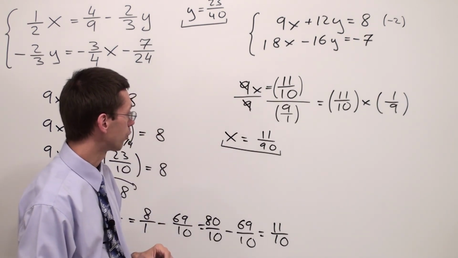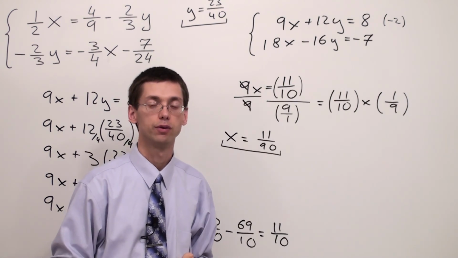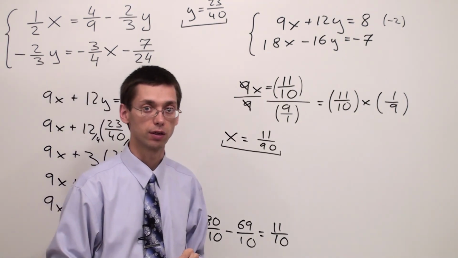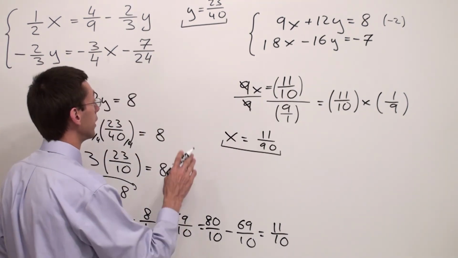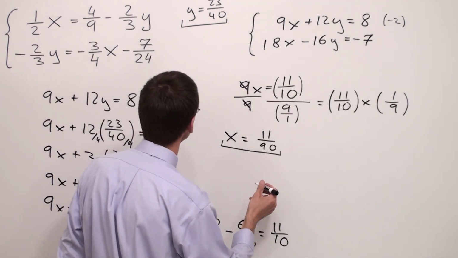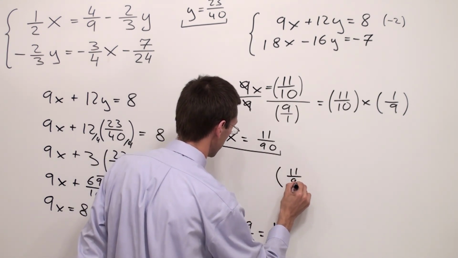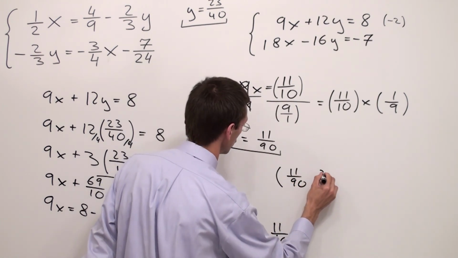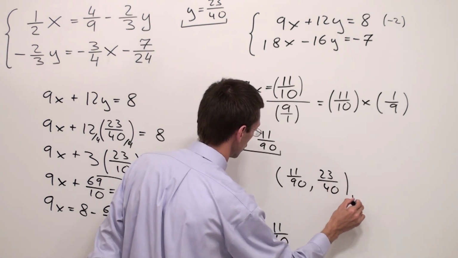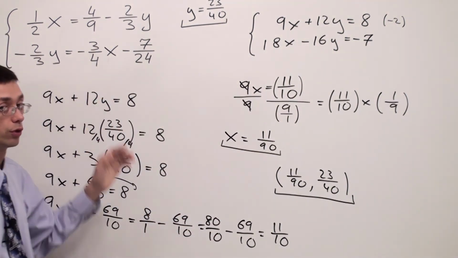So what I want you to do is perform the calculations and prove by yourself that these solutions are okay. Because I proved that they're correct, I can say that the ordered pair x equals 11 over 90 and y equals 23 over 40 is the solution to the system of these two linear equations.